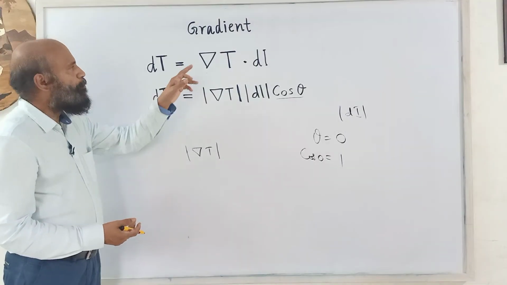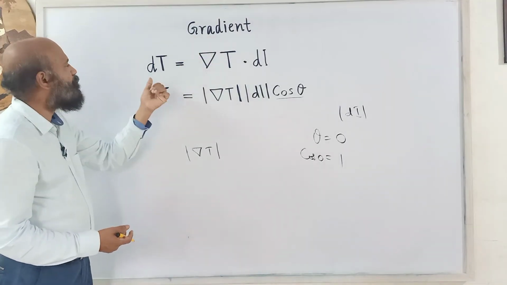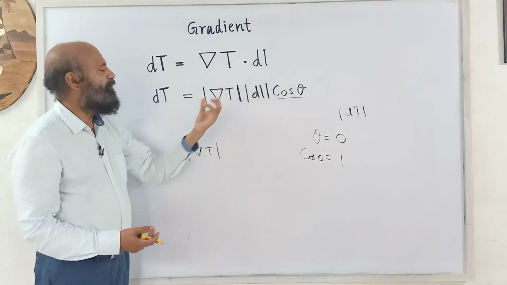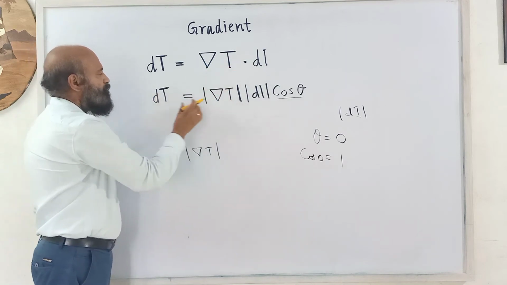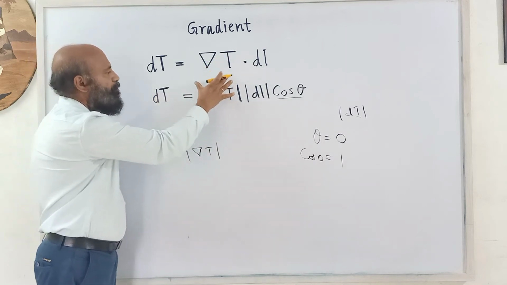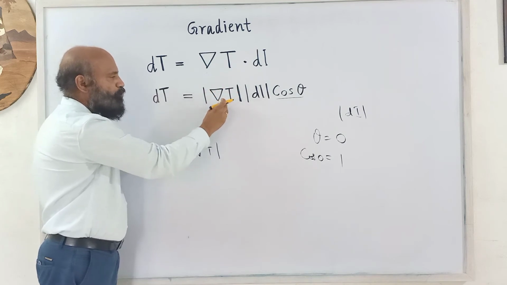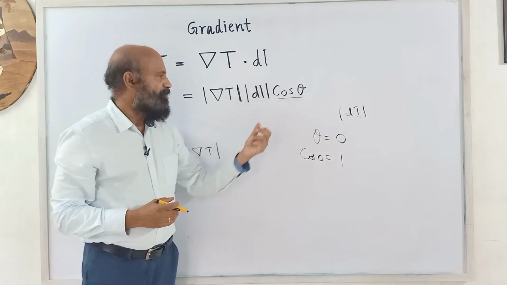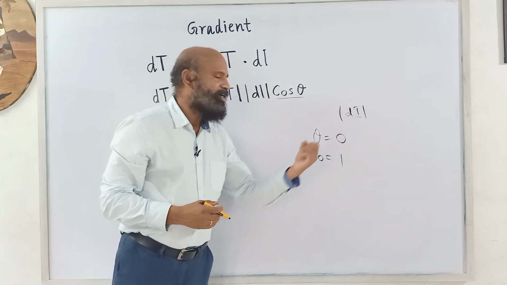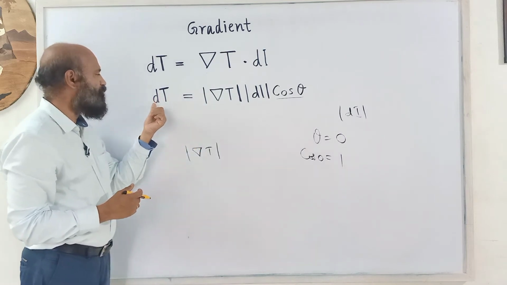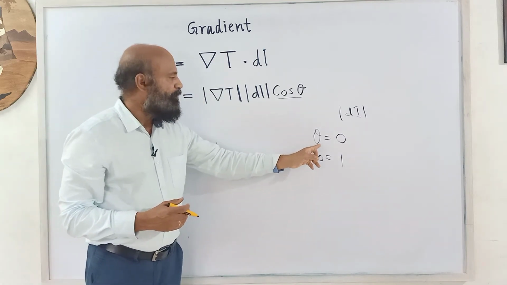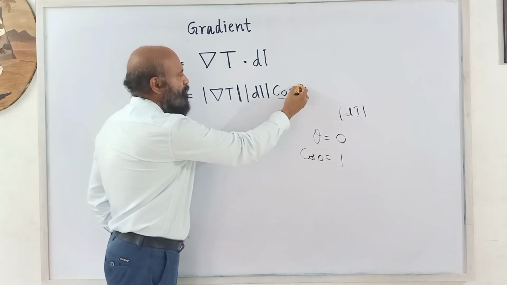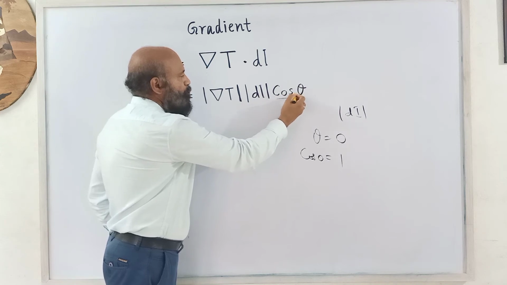Now let us see the geometrical interpretation of gradient. dT, that is the change in temperature, is del T dot dl. The dot product can be written like this. dT is equal to the magnitude of del T, that is the magnitude of the gradient of temperature, times the magnitude of dl times cos theta. You fix the magnitude of dl and search for the maximum change in temperature. That will occur when theta is 0. When theta is 0, cos 0 will be 1.